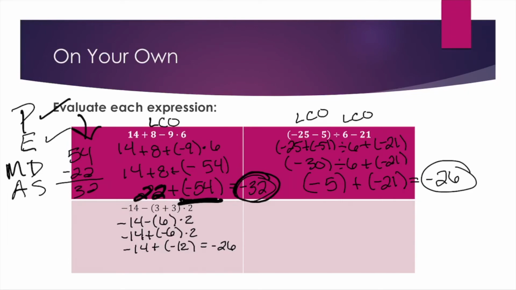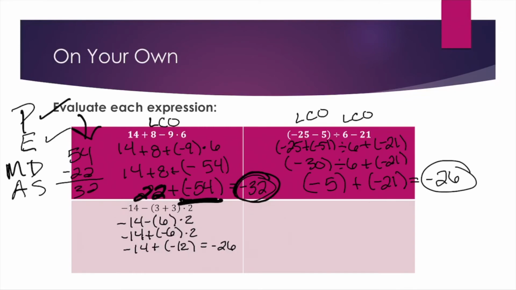Next we have the quantity of -25 minus 5 divided by 6 minus 21. We're going to LCO first, and I'm going to LCO what's inside the parentheses to -25 plus -5 divided by 6 plus -21. Now, inside parentheses, I have -25 plus -5. Those are the same sign, so I add them and keep the sign.